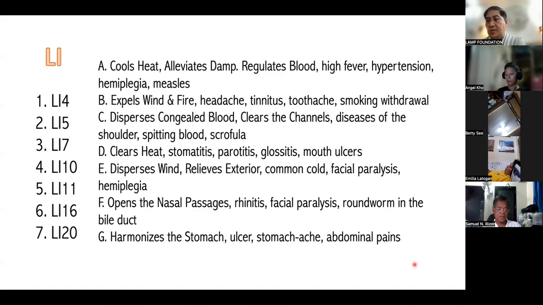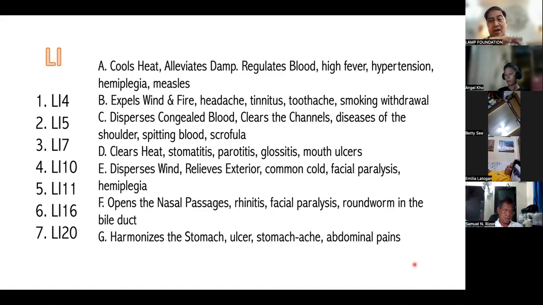Okay, what is so special about LI5? LI5, Doc, is good for the shoulder. What is its classification in terms of the diseases? I'm sure you know that. Before LI11, LI11 is the Hussey point, remember?